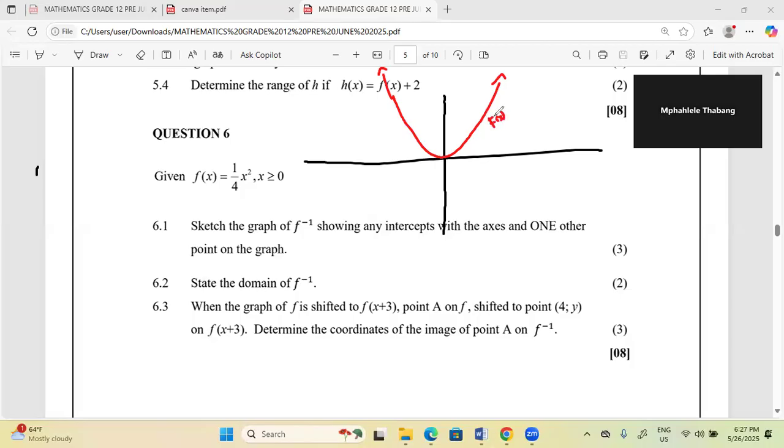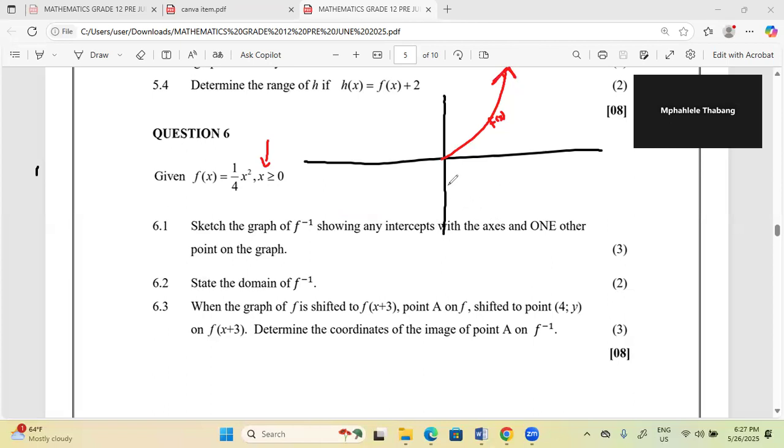But if we look at it, taking into account the restriction, we are saying focus only where the values of x are positive. The graph now becomes this. We remove this left-hand side, where x is negative, and we are left with this part.